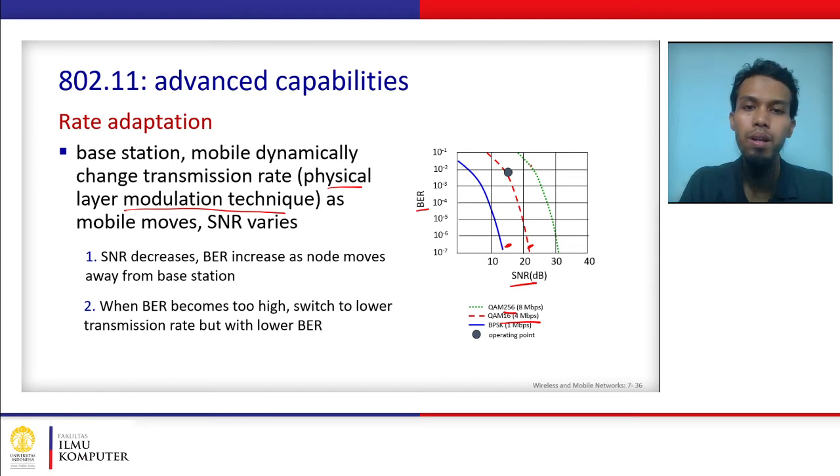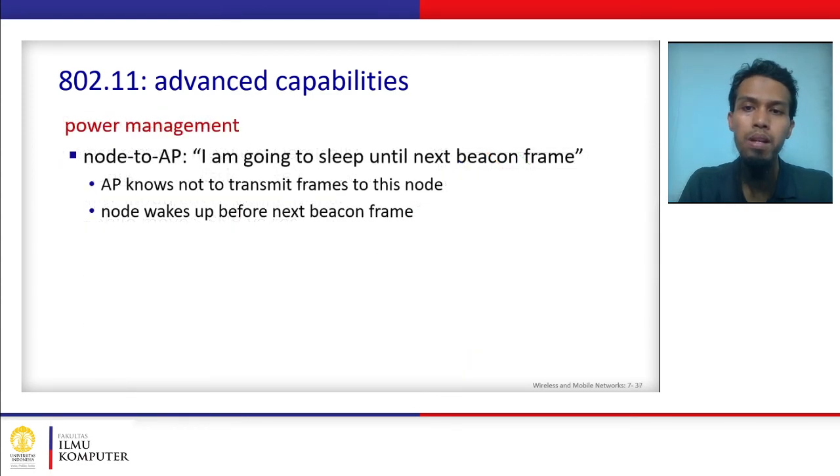All right, so the next capability in 802.11 is power management. This power management is also a feature of other wireless technologies, but perhaps they have different techniques or implementations.